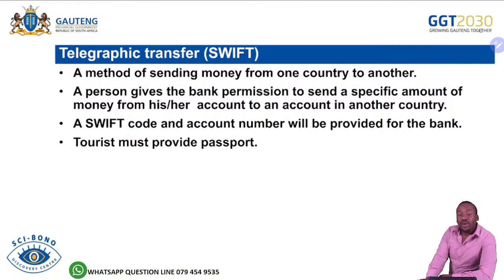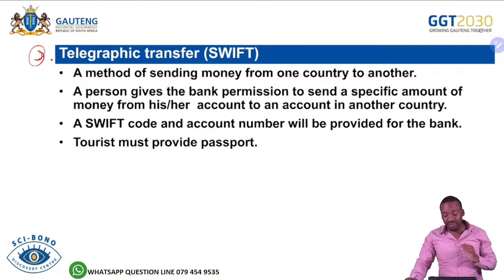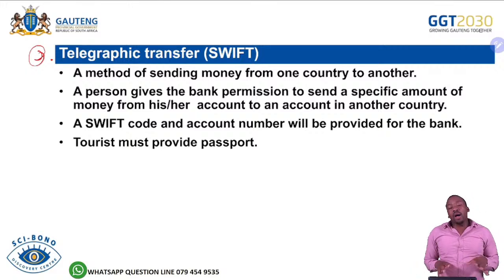Right. Then we are going to be moving to a SWIFT transfer or a telegraphic transfer. This is payment method number 2. When we are talking about SWIFT transfer, remember, some people are living overseas, so they might need money.